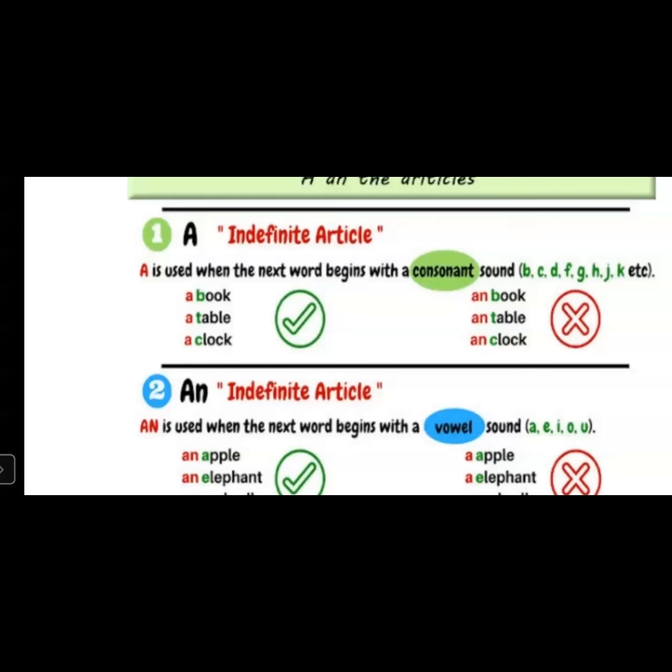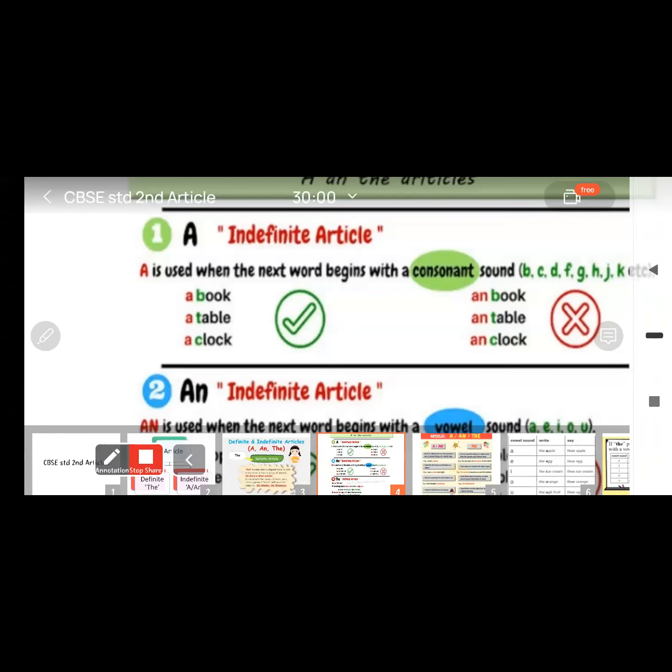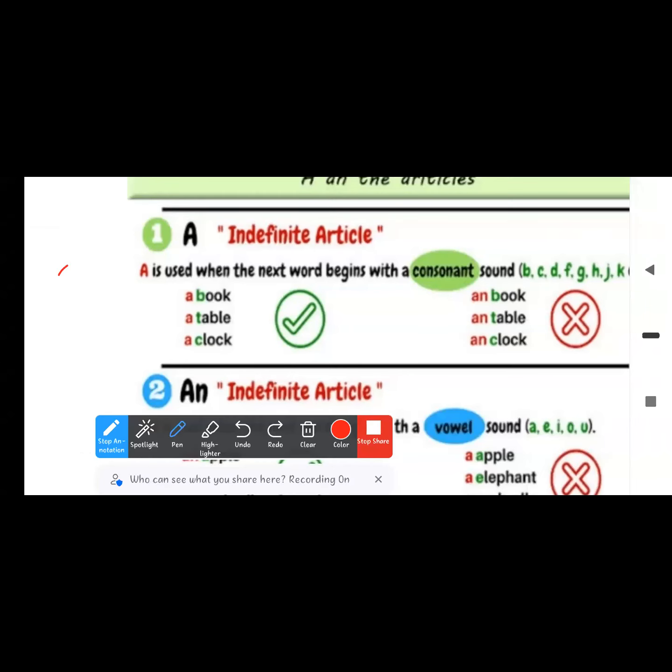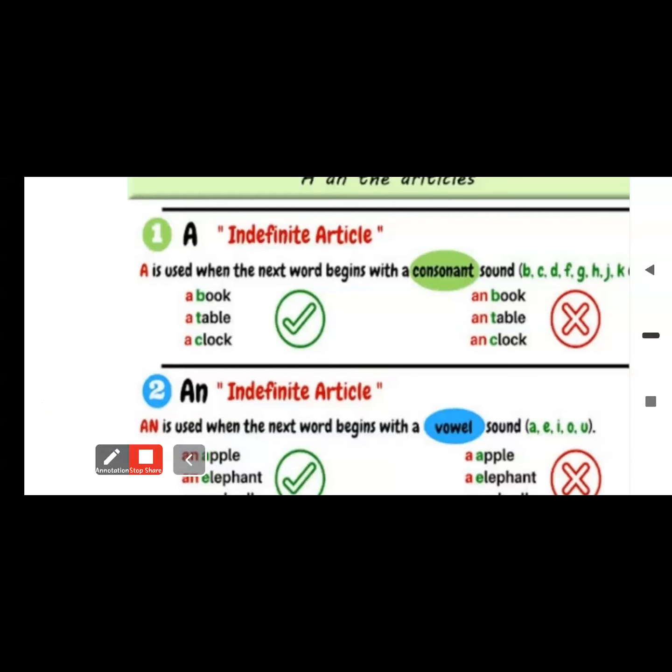While pronouncing, we have to pronounce a as in the short sound, not the Marathi sound. So a table, a clock means while pronouncing it for a singular word, we have to use a, showing the singular form.